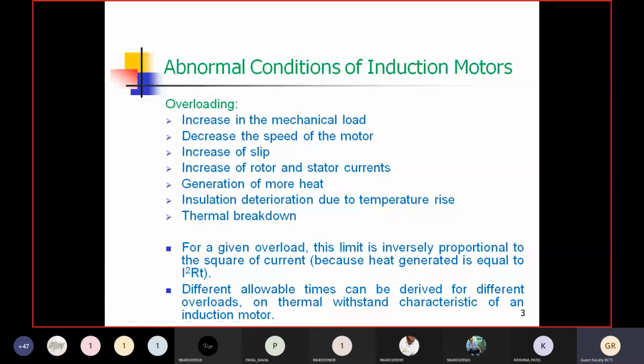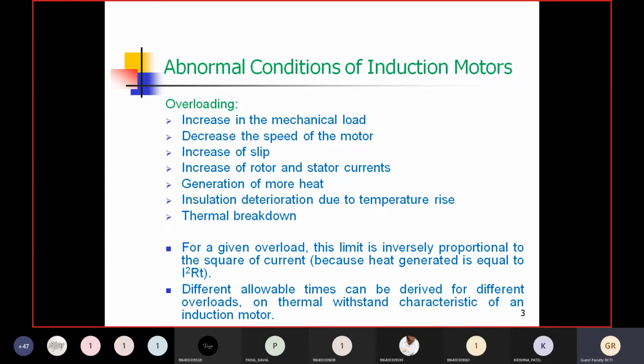Once again I am repeating my statement: rotor quantities are slip times stator quantities. For example, rotor current is equal to slip times stator current. Rotor EMF is slip times stator EMF.